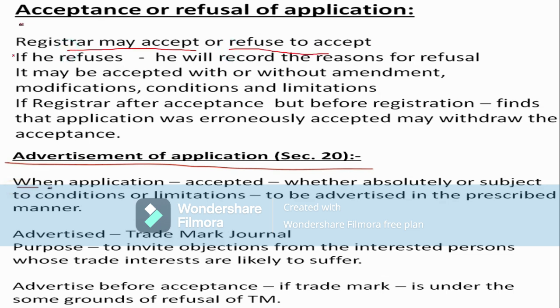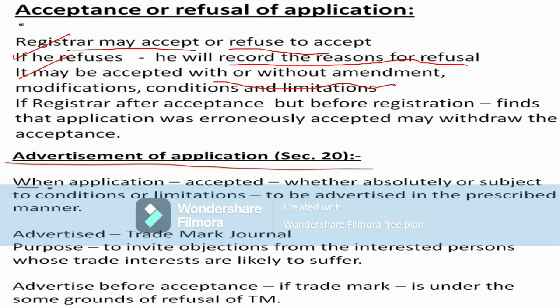If he refuses, he will record the reason for refusal. In the previous class we studied different grounds for refusal and opposition of registration. So he has to mention on what ground he is refusing the application, and he will record that reason. If he accepts, it may be with or without amendment.